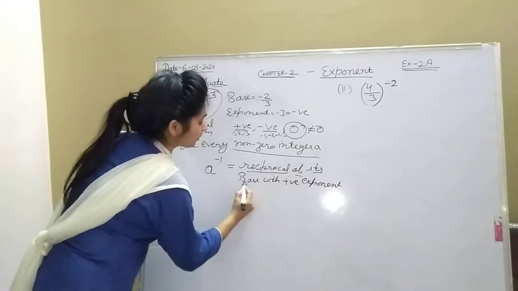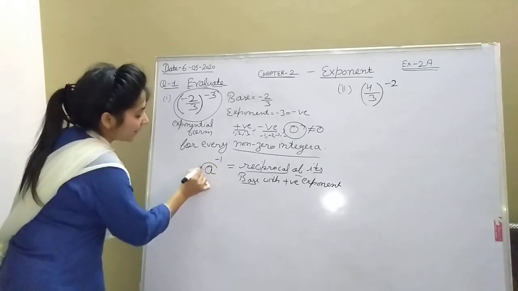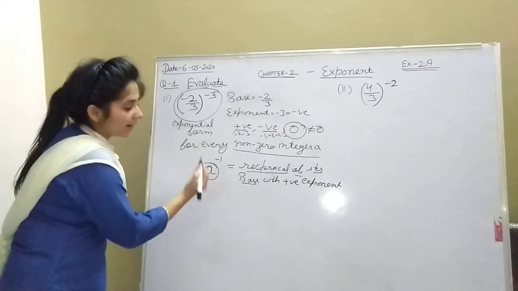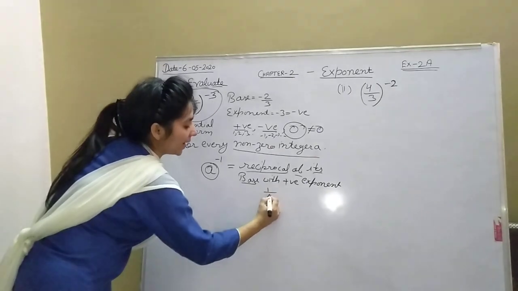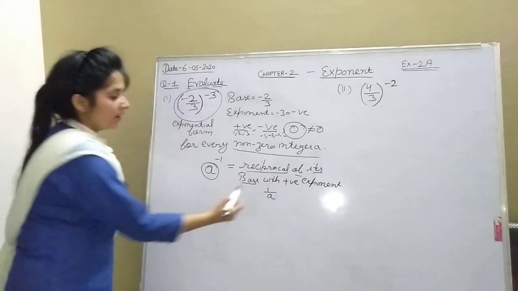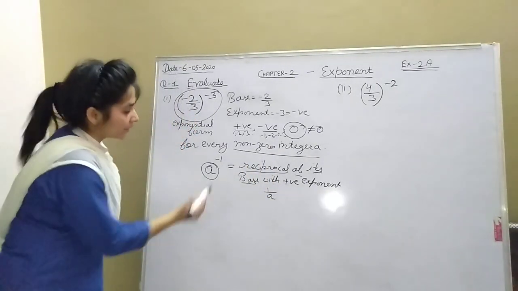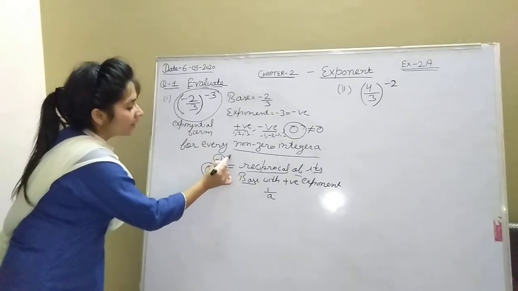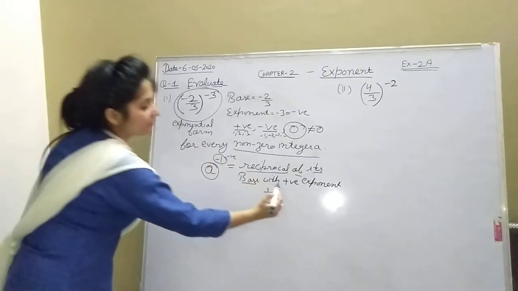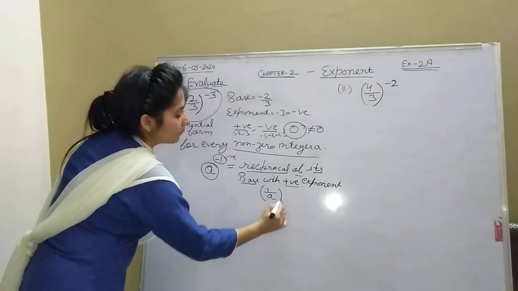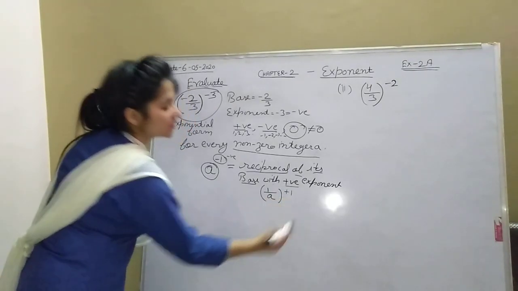Reciprocal of its base. Your base is A. The reciprocal of A will be 1 by A with positive exponent. Your exponent is negative, it will be positive now.